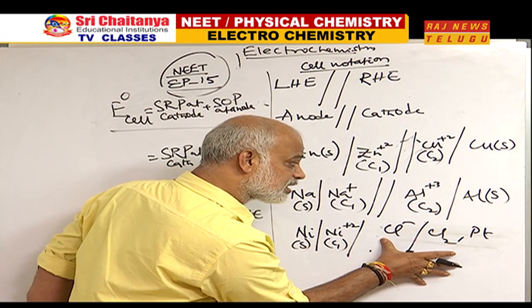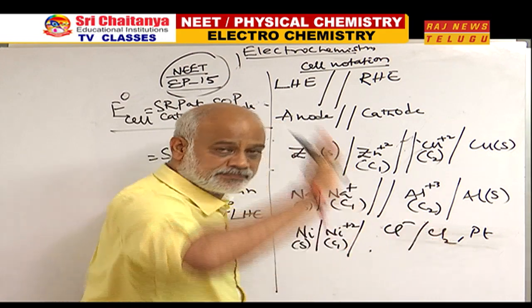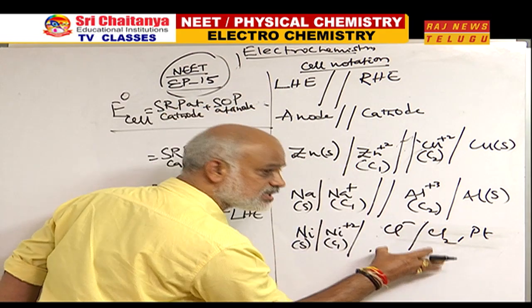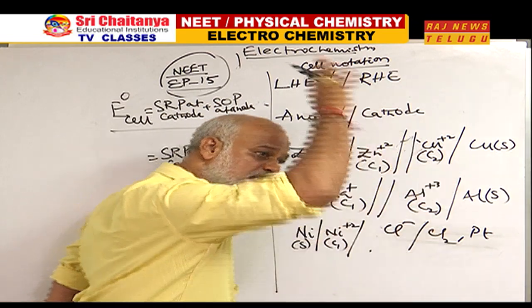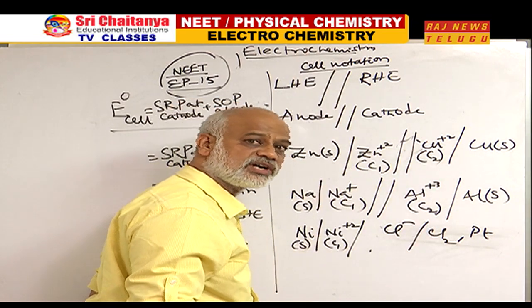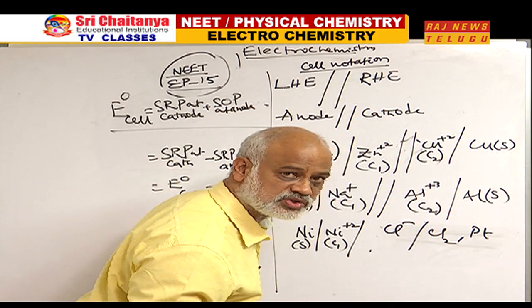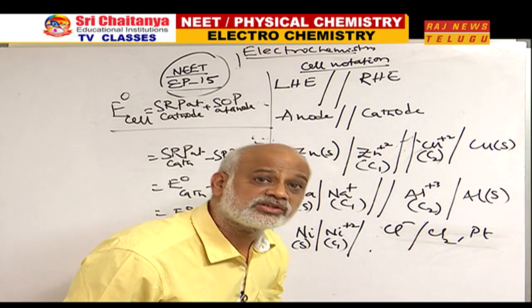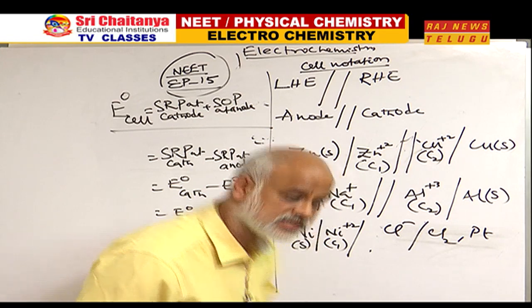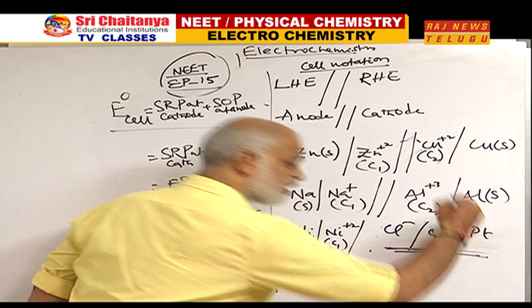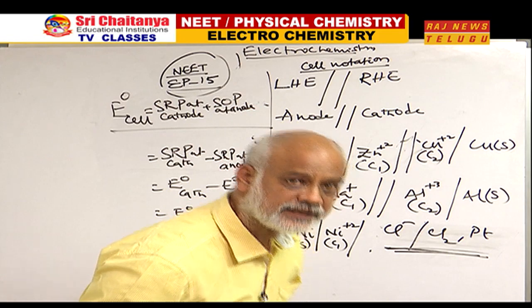It looks like oxidation, but make it a point, this is the right hand electrode. Always reduction only should occur, meaning it is not Cl minus getting converted to Cl2, it is Cl2 converted to Cl minus. This is the only highlighted point that you should be seeing.